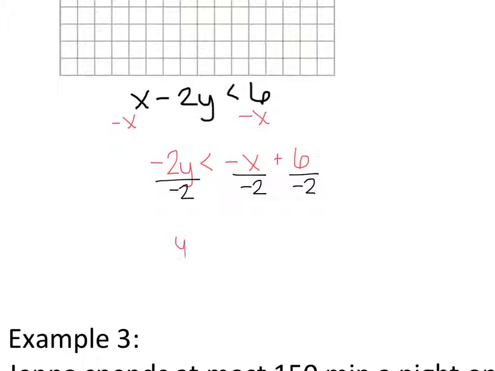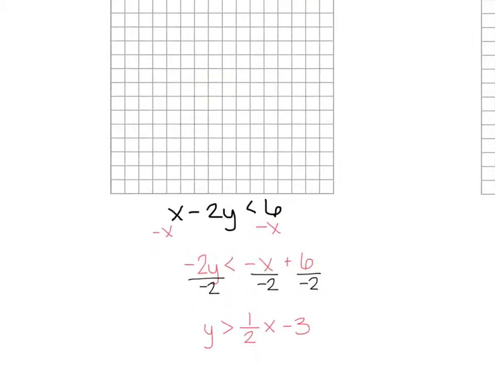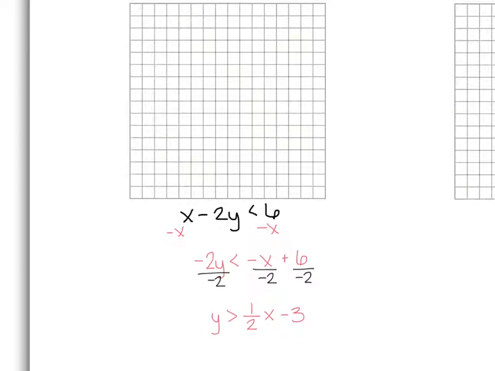So y will be greater than, what's the slope? It's going to be a positive 1/2 because negative divided by negative is positive. And then x, and what will be the intercept? Negative 3.